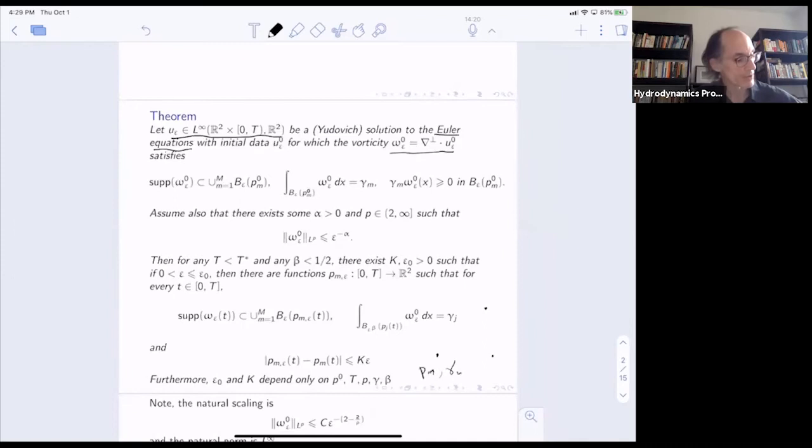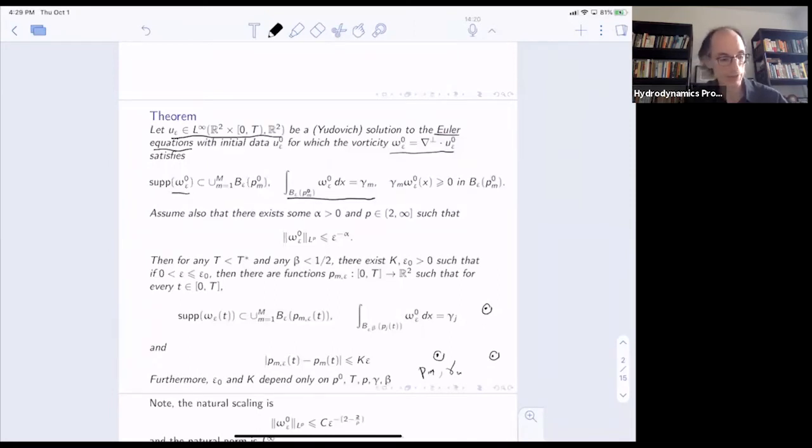I assume that the initial vorticity is supported in a union of balls of radius epsilon around these initial points. And I assume that the integral of the initial vorticity over each ball is the vortex strength that I prescribed before for that ODE. The condition here is that I don't want the vorticity to change sign in each ball. So if gamma_1 is positive, then the vorticity is non-negative in this ball.